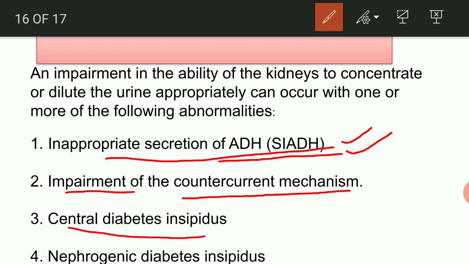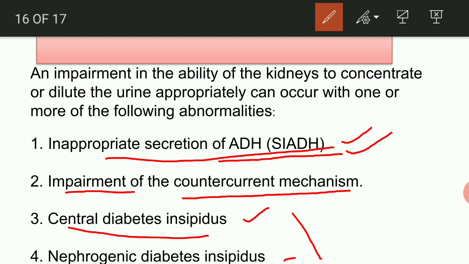Central diabetes insipidus and nephrogenic diabetes insipidus. In central diabetes insipidus, the ADH amount is less, and in nephrogenic diabetes insipidus, the ADH amount is normal, but it is not working at the level of the kidney or collecting duct. Suppose ADH is not working, so your urine will become dilute and your blood will become concentrated.